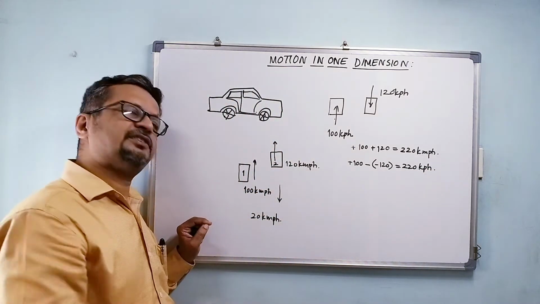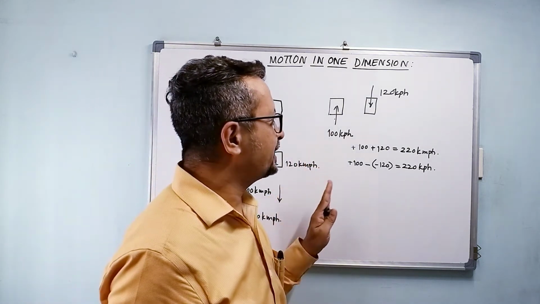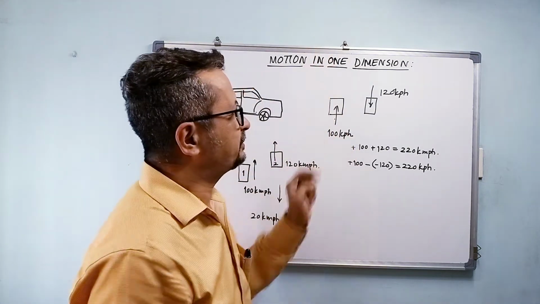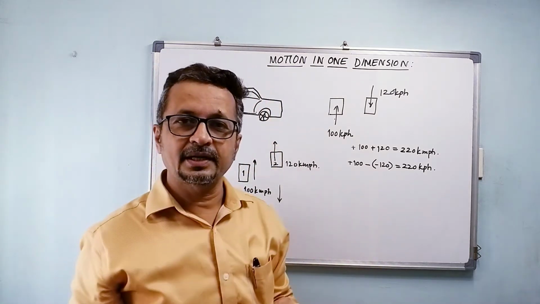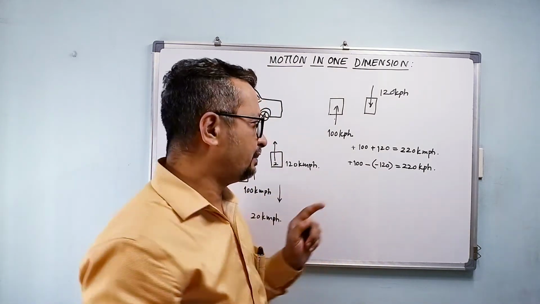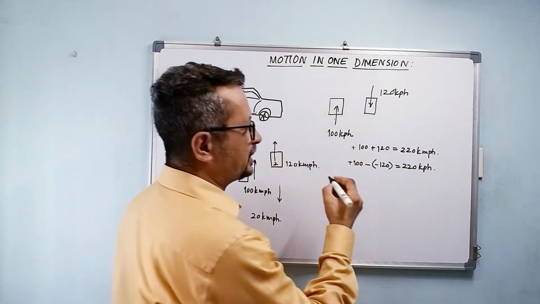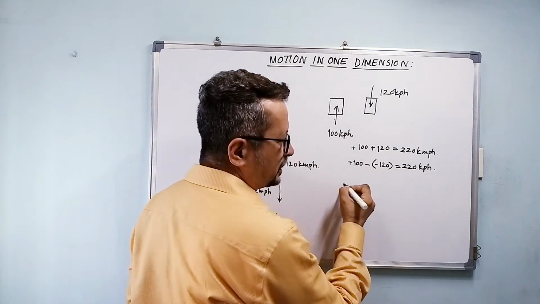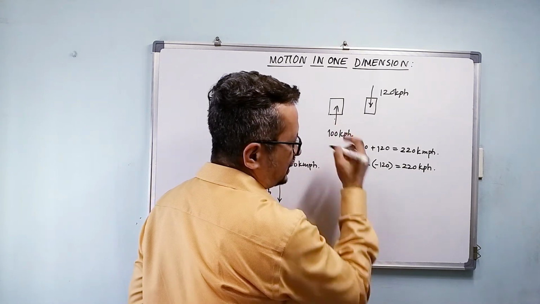Now what is this plus 100 and minus of minus 120? See, going in this direction I am taking positive, and going in the opposite direction I am taking negative, correct? And then I am subtracting the negative of the second number, and this 220 kilometer per hour would be the speed of the first car.